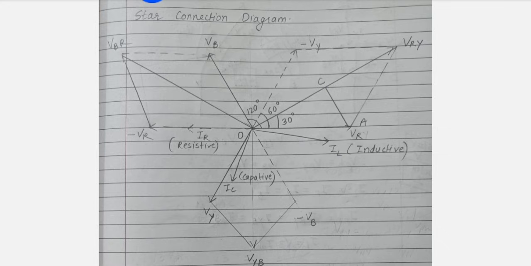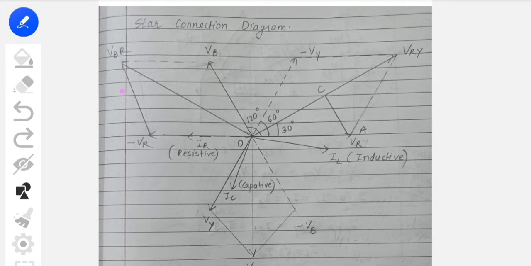For star connection, first of all you have to draw three phasors originating from a common point. What are those three phasors? See this VR, this VB and this VY.